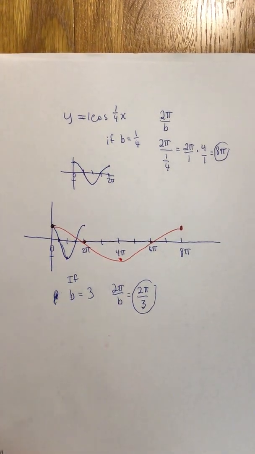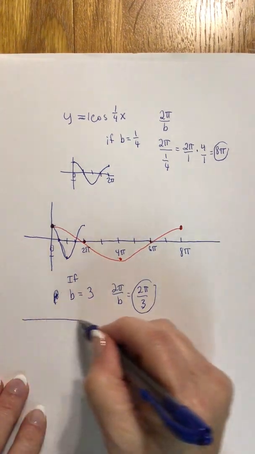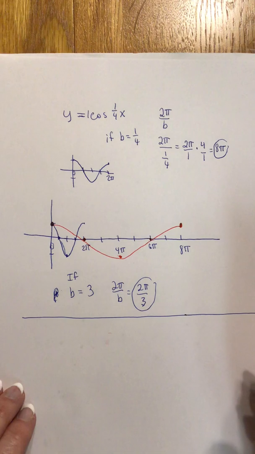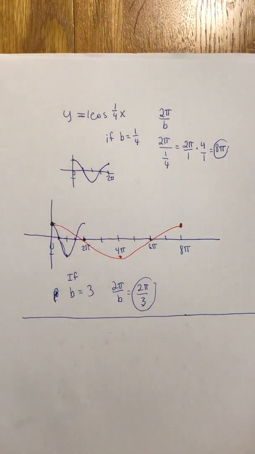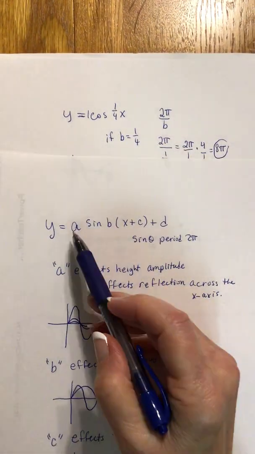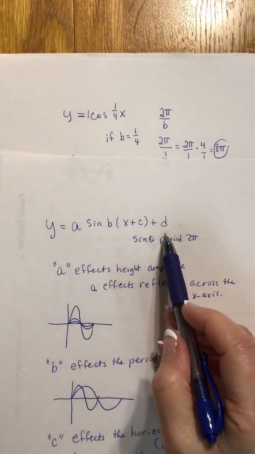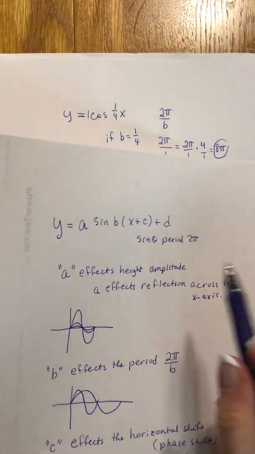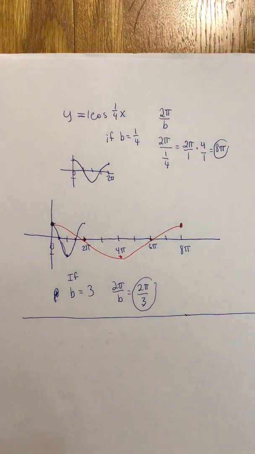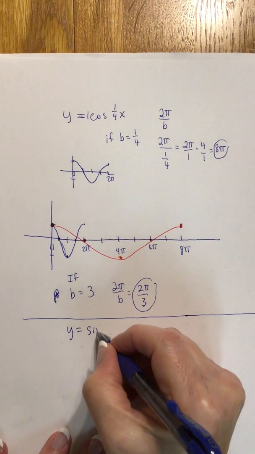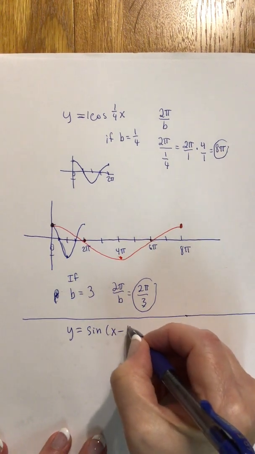Okay, so now we're going to look at a C one. So we've done A, we've done B, we've done D. So now we're going to look at a C. So C is inside. If you remember from your notes a minute ago, it looks something like this: a sine b, x plus c, plus d. So C is on the inside. So that would look something like this: y equals sine x minus pi over 6.